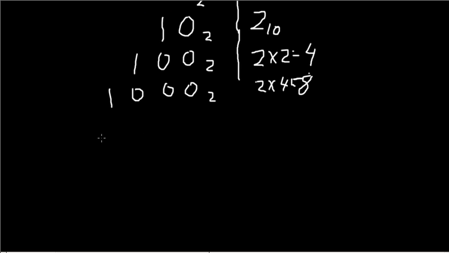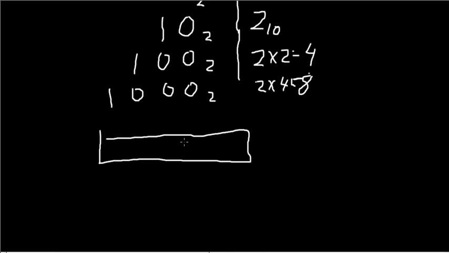Okay, let's take a look at an example. So let's draw a box here and split it up into 4 equal parts. And we'll put in here digits. Let's see, there's a 1, there's a 1 there, there's nothing here, and there's a 1 there.